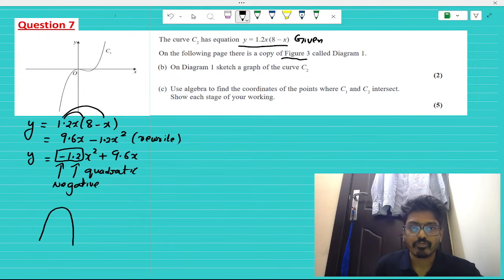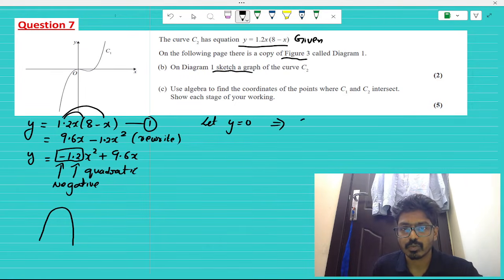Now to sketch the graph of the curve, let's take y equivalent to 0 and find the corresponding values of x. So in the equation we plug in y equals 0. So 0 equals 1.2x times (8 minus x).